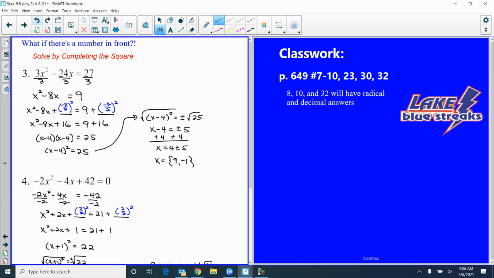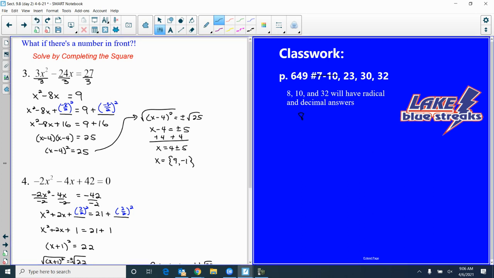Actually, let me make it 8 through 10, and then 23, 30, and 32. Keep your notes out. 8, 10, and 32 will have radical and decimal answers. List them both. The others will not. Don't worry about 7.